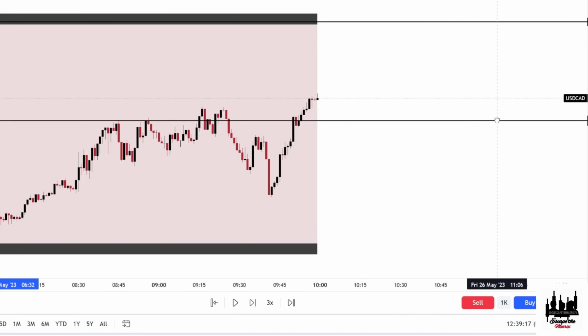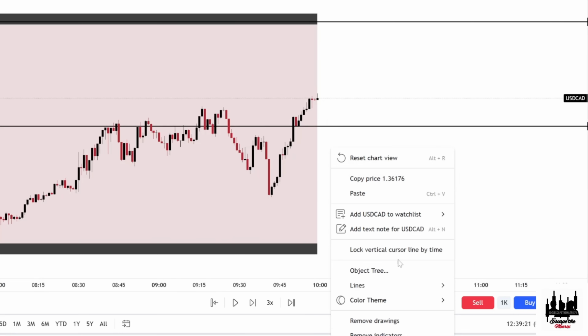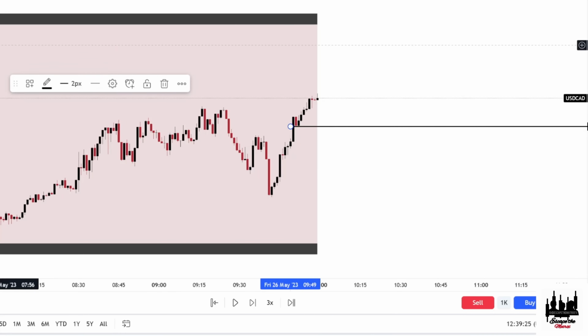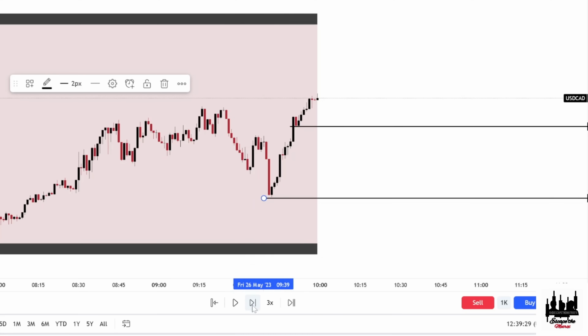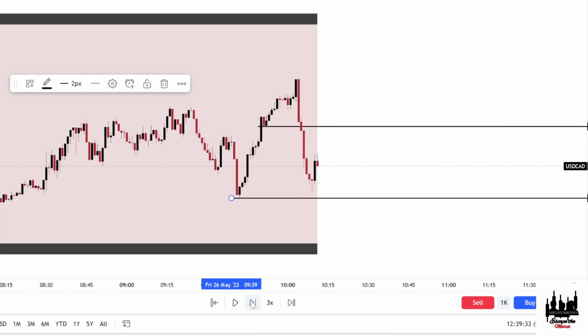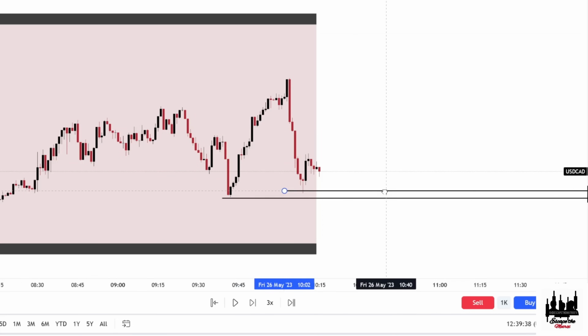So here we have a micro swing right here. We have a micro swing right here. And we have a swing right here. Okay, so now we have another swing right here.